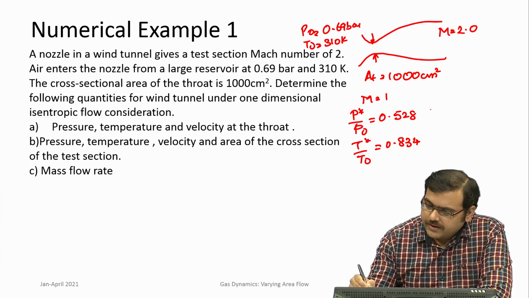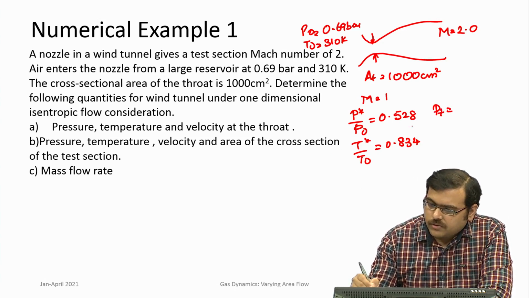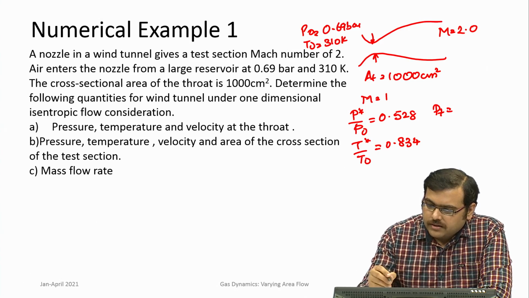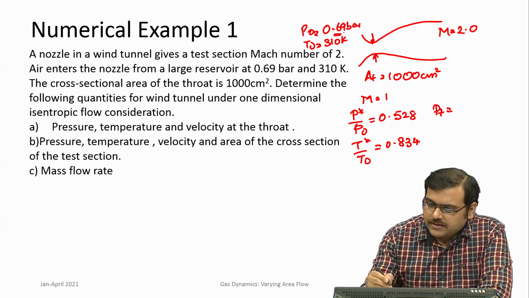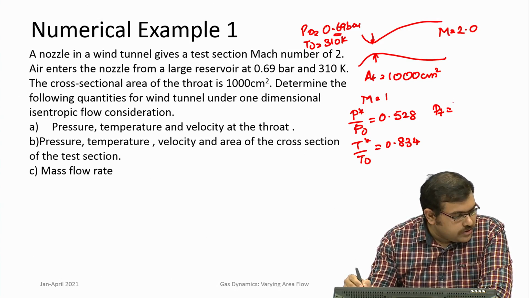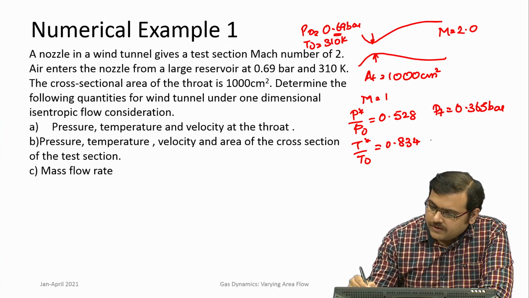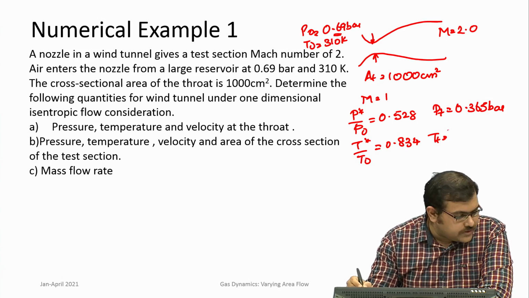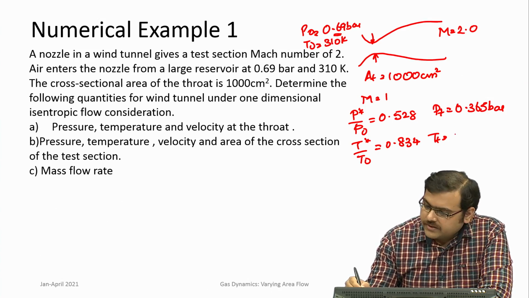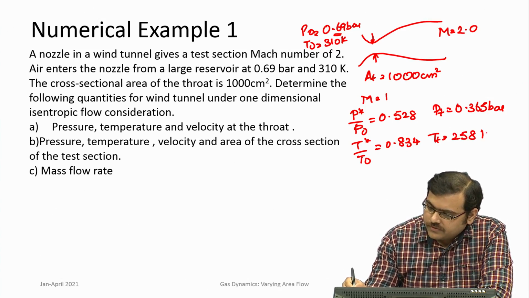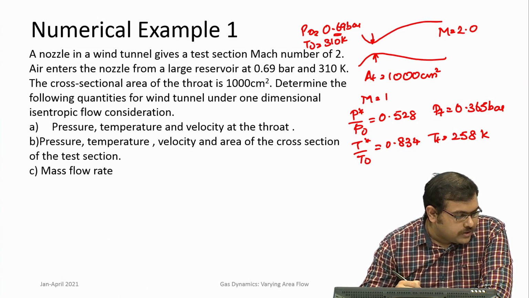So, then pressure at throat is just multiplication by P naught, which is 0.69. So, this is 0.365 bar and T throat is 258 Kelvin. Okay.